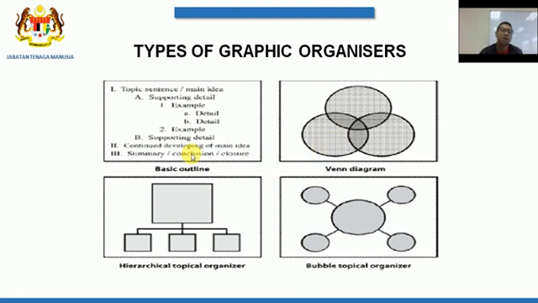but then we will take a look at what other types of graphic organizers are available for you to use in order to reinforce your understanding, or perhaps whenever you jot down notes on your own, it will give you a better understanding of whatever notes or content or standard operating procedure. If let's say it involves a process, whenever it involves a process, you must have a sequence. Whenever it involves a sequence, you need to use a graphic organizer for you to comprehend much better.